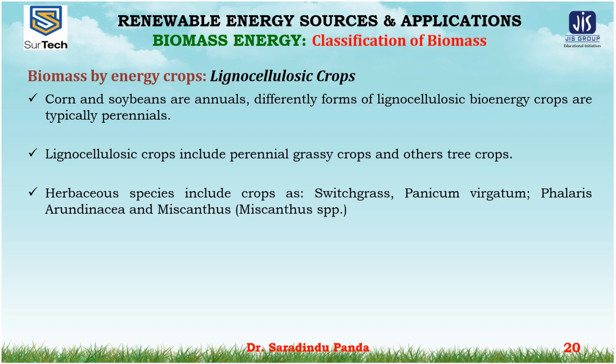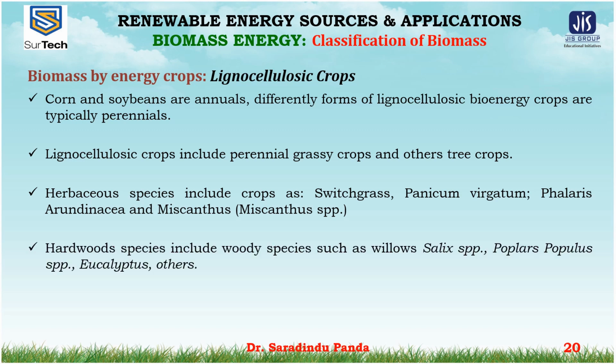Herbaceous species include crops such as switchgrass, Panicum virgatum, Phalaris arundinacea, and Miscanthus, that is Miscanthus giganteus. Hardwood species include woody species such as willows, Salix spp., poplars, Populus spp., and the eucalyptus and others.